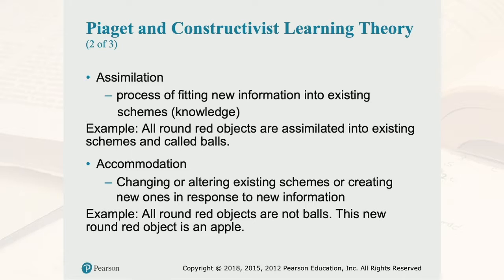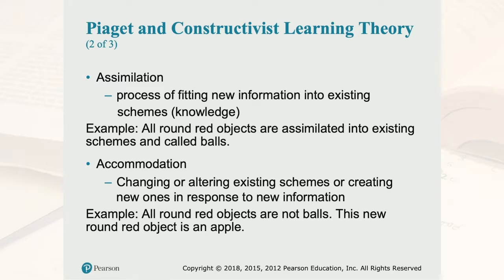And so assimilation is the process of filtering new information into existing knowledge that you already have, or schemes is another term used. The example given here is that all red objects are assimilated into existing schemes, which are balls.